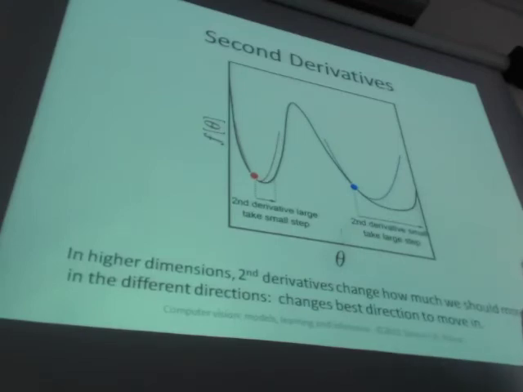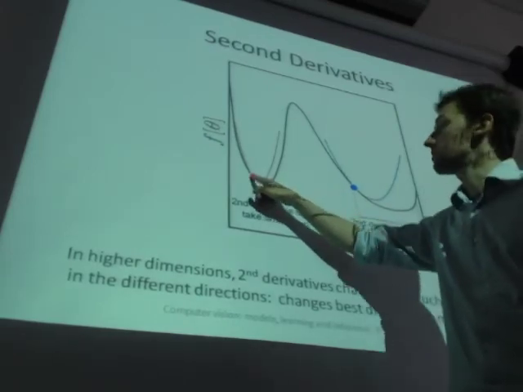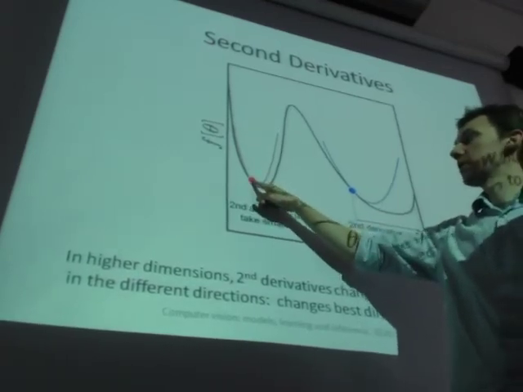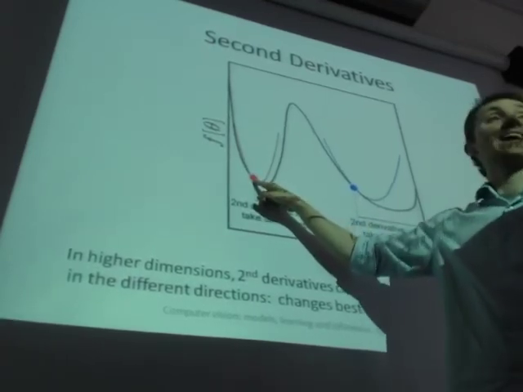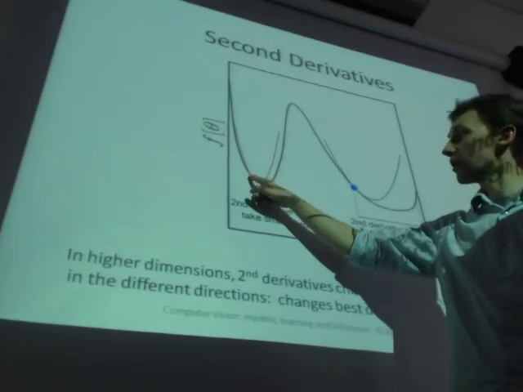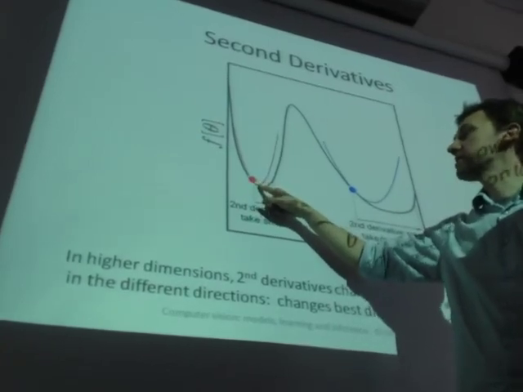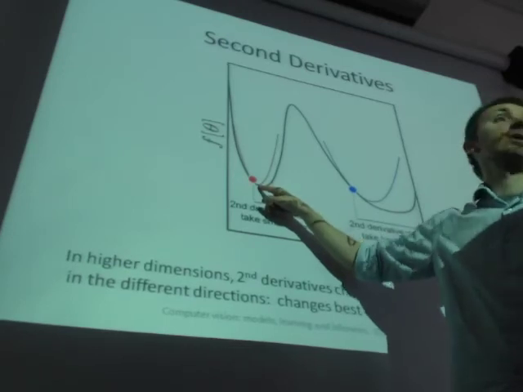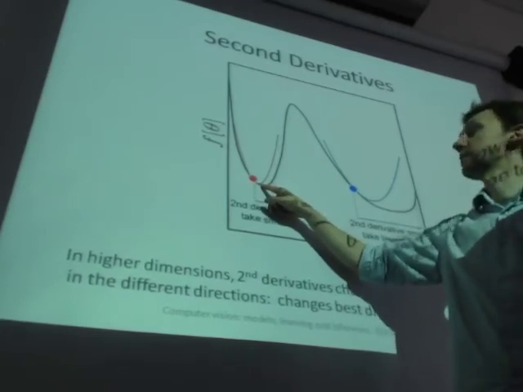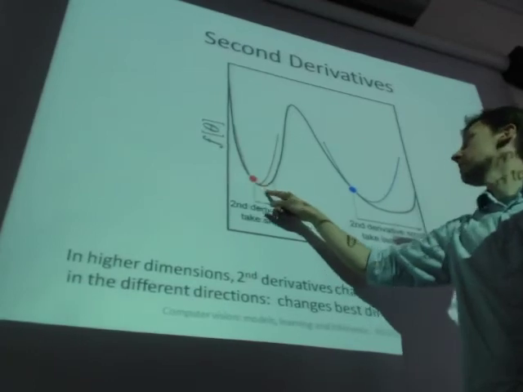So it's saying, you know what, I know that the mountain range is going that way, but when I compute how fast it's changing, the second derivative of that slope, I can see that it is now changing quite slowly. So maybe I should be making a very small step here, right?